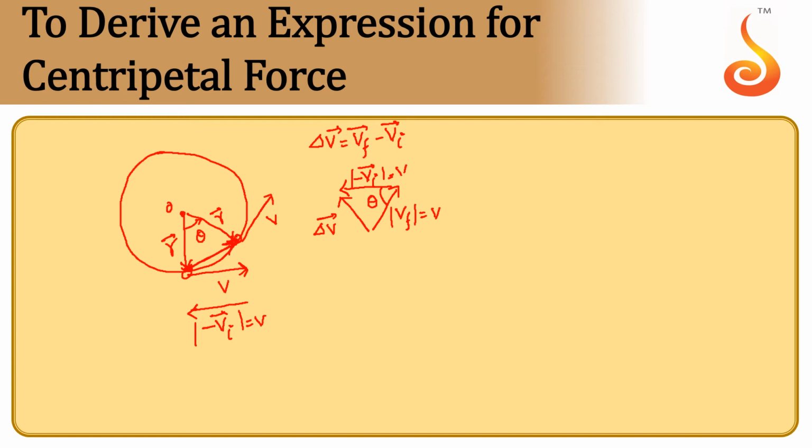So let us find the change in radius. Change in radius is equal to r final minus r initial. Let us draw this vector representation. r final will be of this direction, with magnitude r. r initial direction is downward, so minus r initial will be upward, with magnitude r itself.